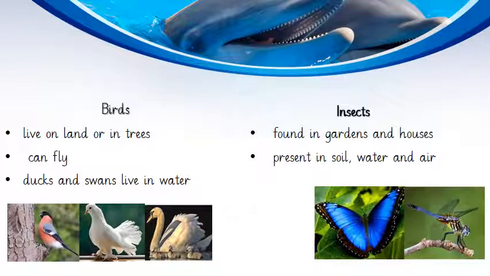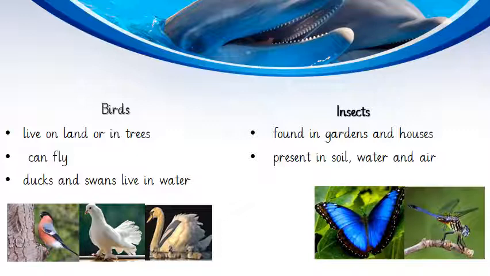Let's discuss birds and insects as well. Birds. Birds live on land or in trees. Most of the birds build their nests on the trees. Birds also live in the holes. Birds can fly from one place to another.